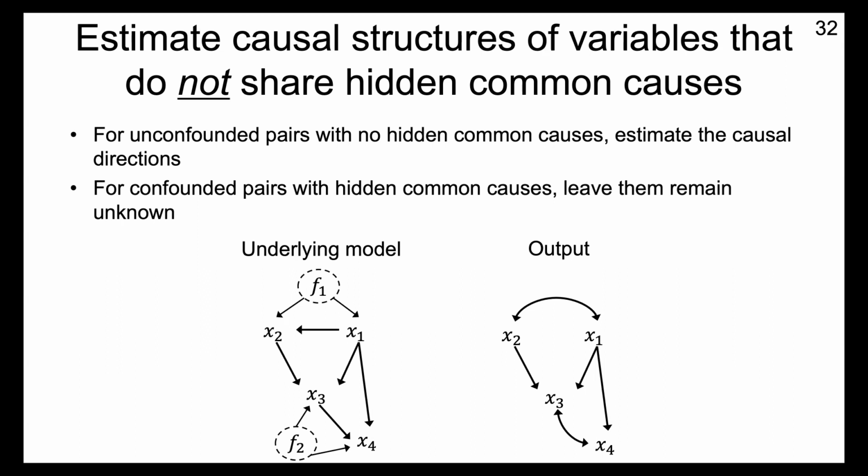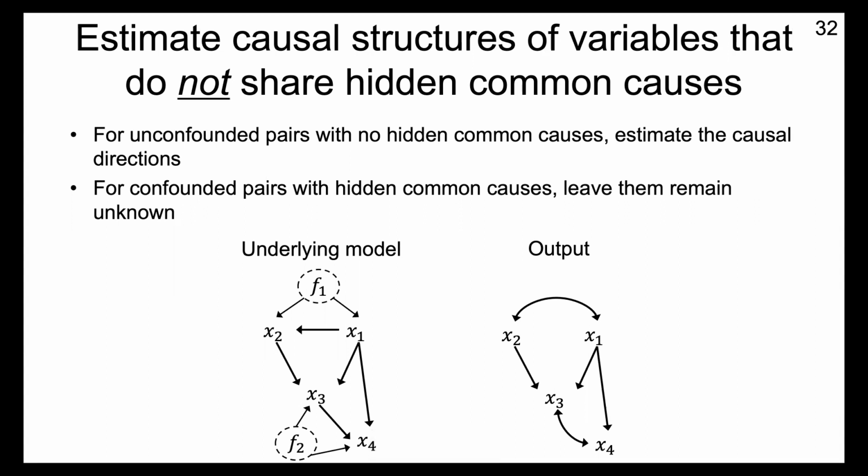So let's take a look at the causal graph on the left as an example to explain the motivation. Here we have a hidden common cause F1 between X1 and X2, and we have hidden common cause F2 between X3 and X4.